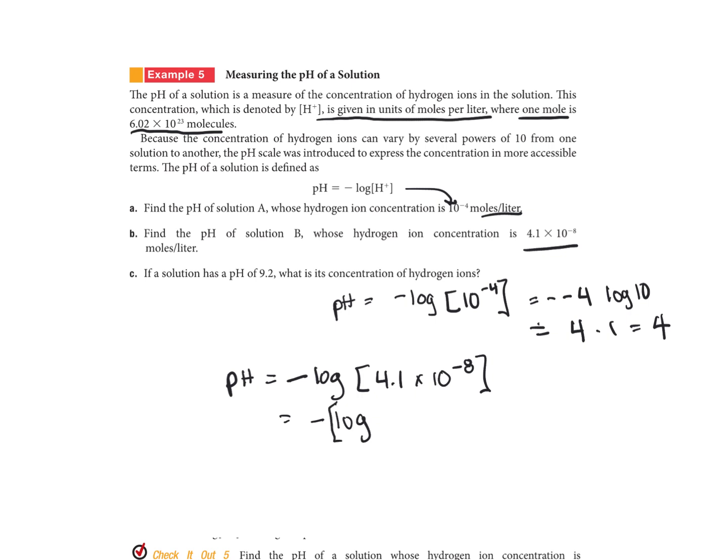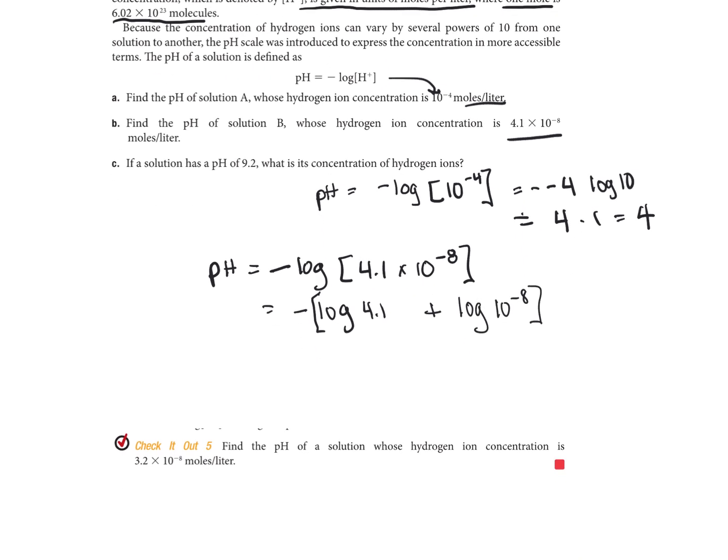So many ways to do this. Let's do negative 4.1 plus, this whole thing has the negative around the whole thing, log 10 to the negative 8. That's using our recent multiplication to adding.